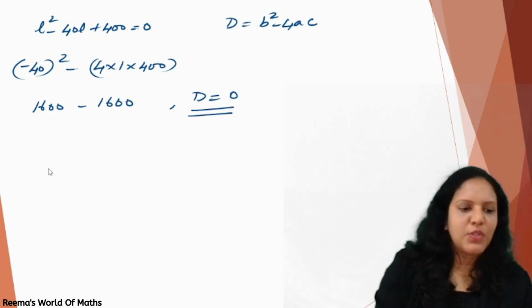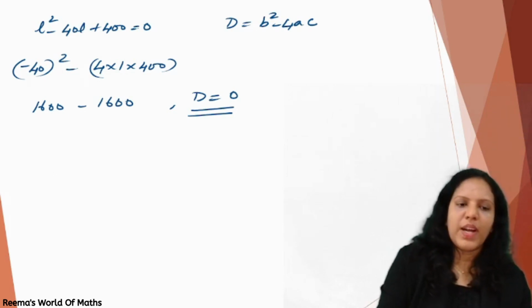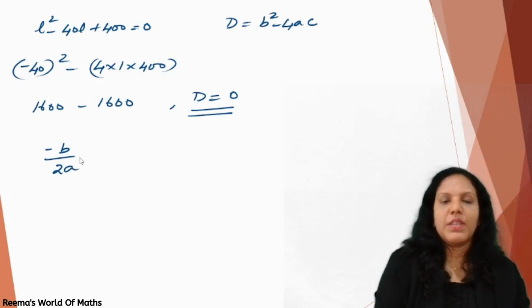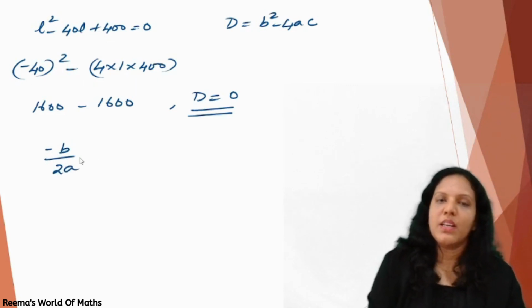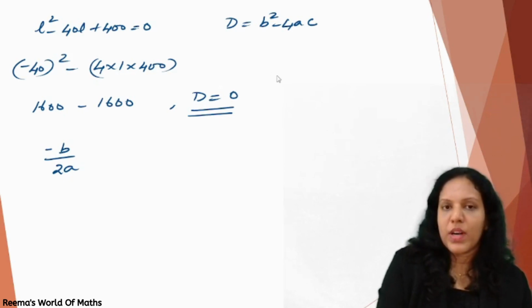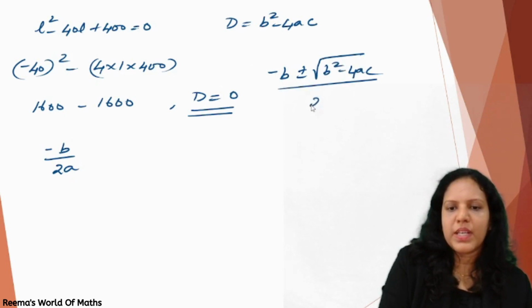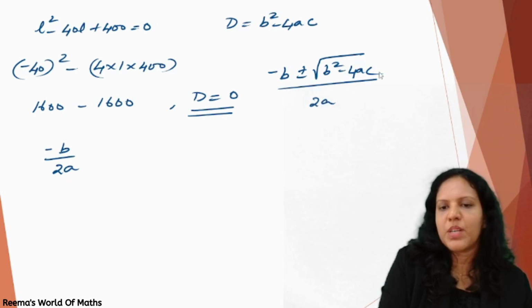Now let's find the root, which is minus b by 2a. If the value of the discriminant is 0, then in the quadratic formula, minus b plus or minus square root of b squared minus 4ac divided by 2a, we already found that b squared minus 4ac is 0.